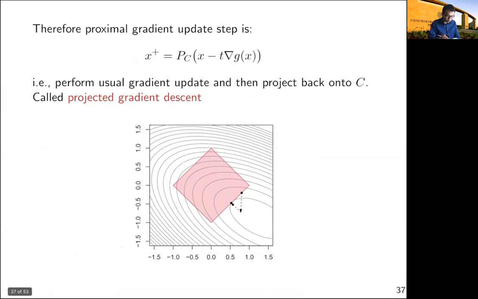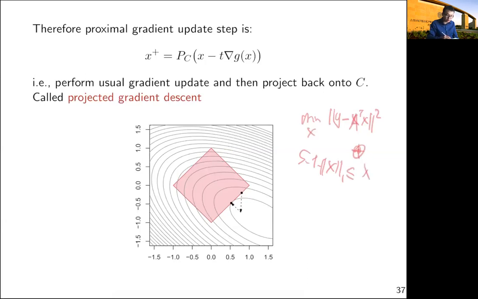To visualize that a little bit, suppose the red region here, this L1 norm ball, is your constraint set. Maybe you are minimizing y minus a transpose x plus an indicator, subject to the L1 norm of x being smaller than, say, lambda.